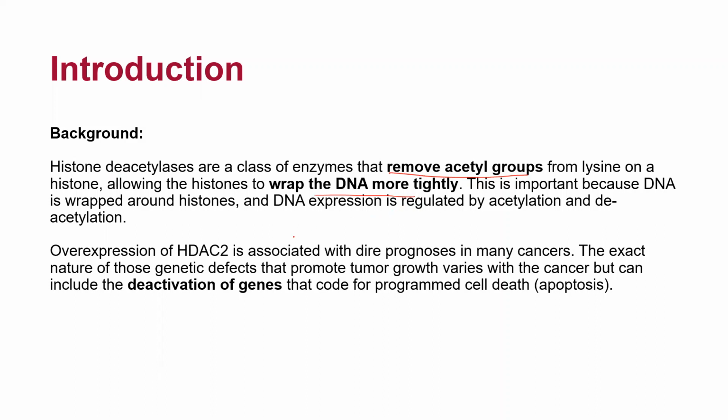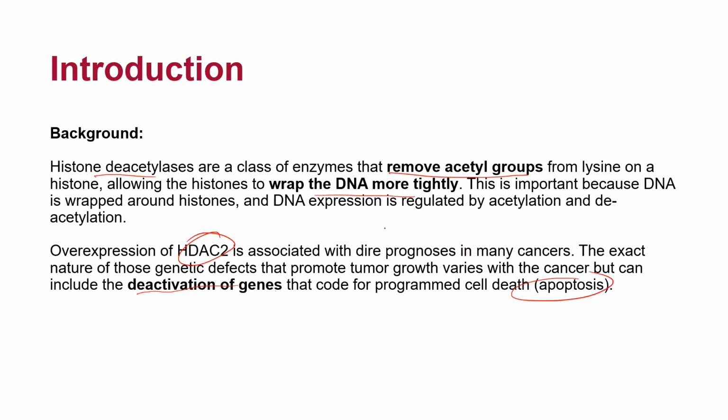Overexpression of HDAC2, which is the abbreviation of this enzyme, is associated with prognosis in many cancers. However, the exact nature of those genetic defects varies among different types of cancer, but usually it includes the deactivation of genes that code for programmed cell death or apoptosis.